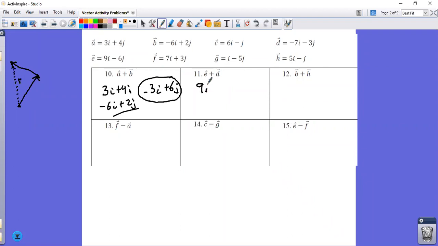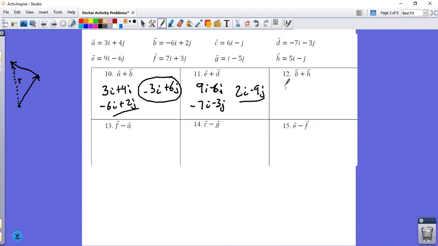So E is 9i minus 6j. D is -7i minus 3j. So what would the results be? Go ahead. 2 and -9. 2i minus 9j. Right. Perfect.